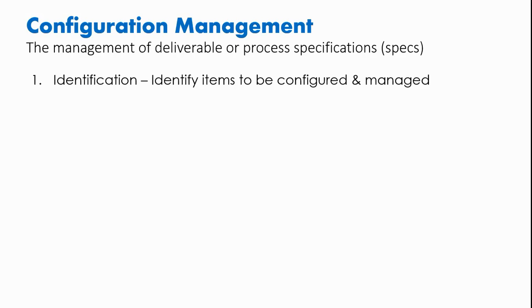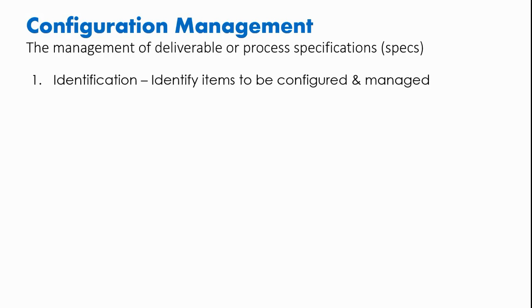And of course, these drawings must be the latest and greatest that point to what specs are in a connected deliverable, sub-deliverable, product, or even process. You have organizational processes that have certain versions that need to be tracked and managed so that you're using the correct version at the right time. So these are some of those configurable items, as the PMI calls them, that need to be identified.